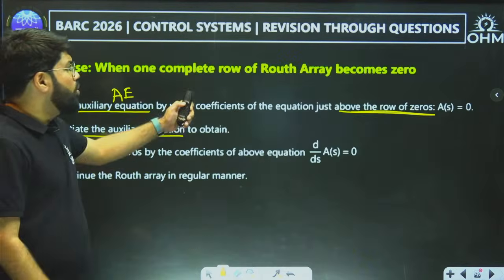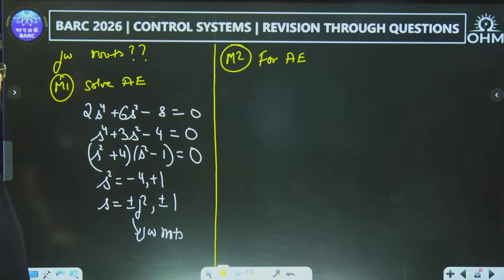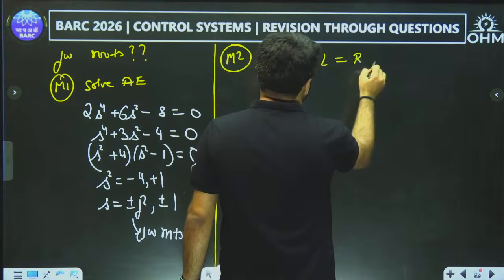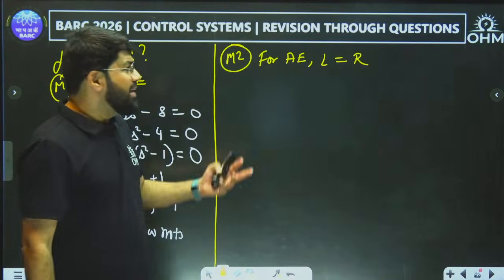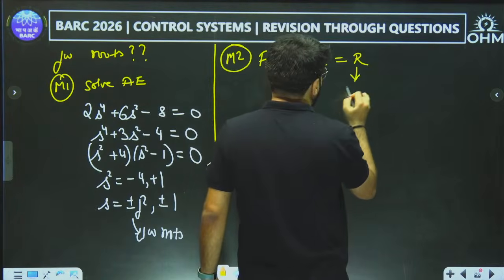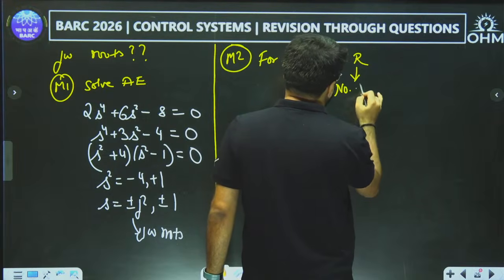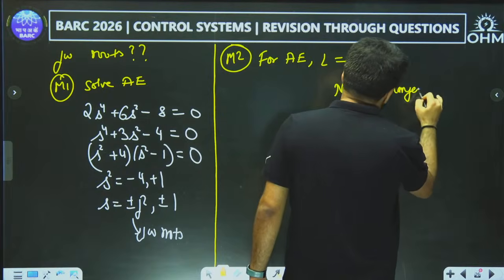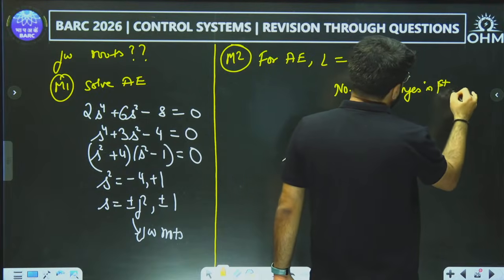So, what I was telling you, for the auxiliary equation, the number of L and R roots are equal. The number of RHP roots is the number of sign changes in the first column.